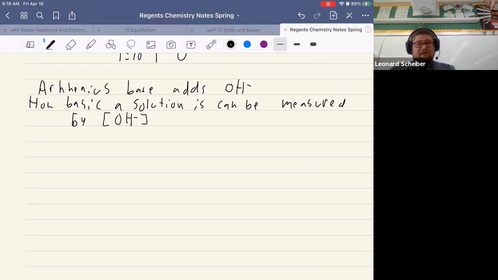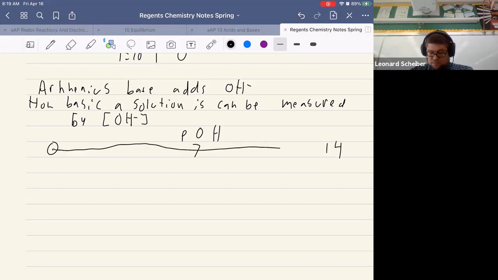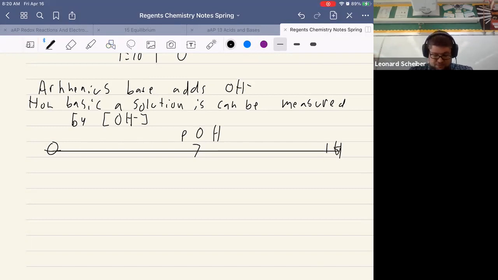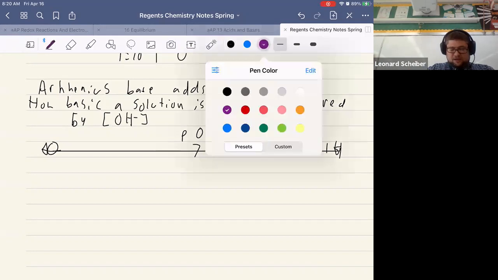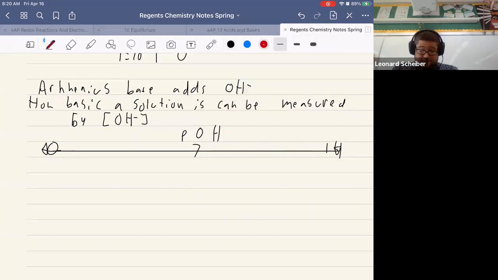And once again, we have a P scale. This time we're going to call it pOH. So 0, 7, 14. And we know that that's a continuous scale. But here's the weird thing about pOH. It's different than the pH. It's kind of like the polar opposite or the mirror image: at a low pOH, you're actually going to be basic.